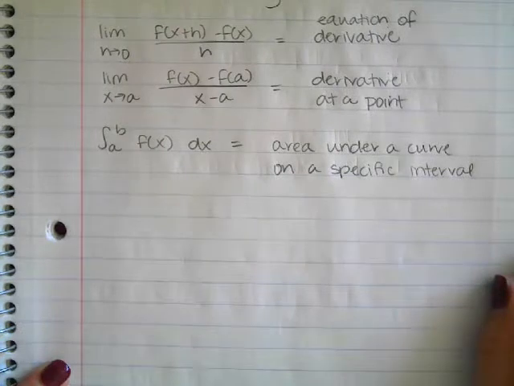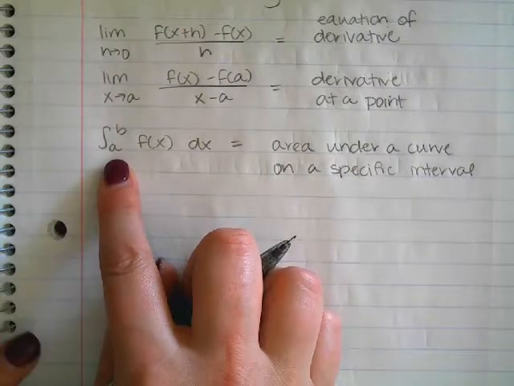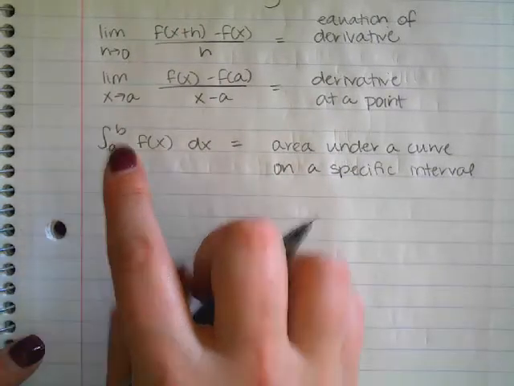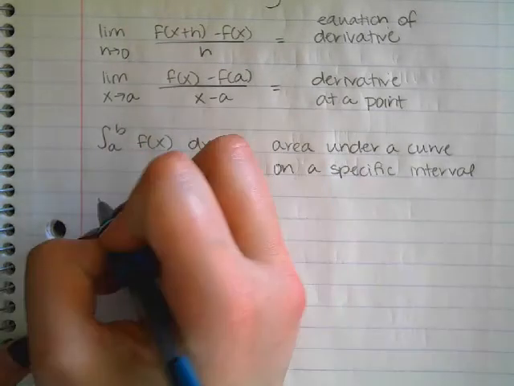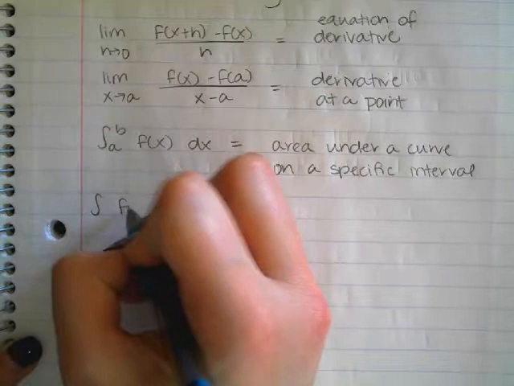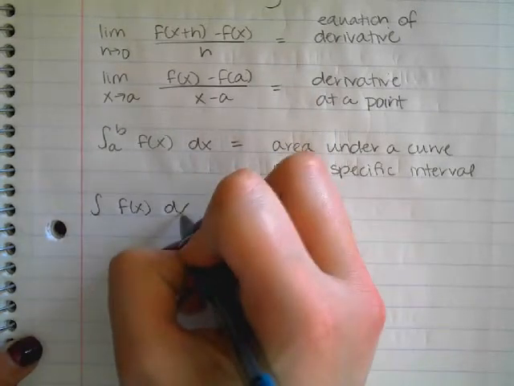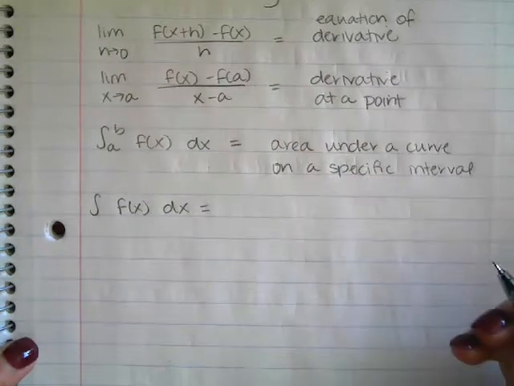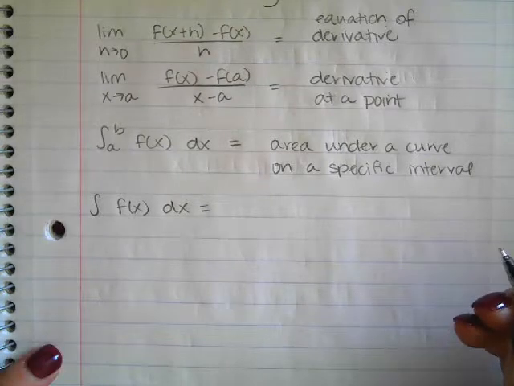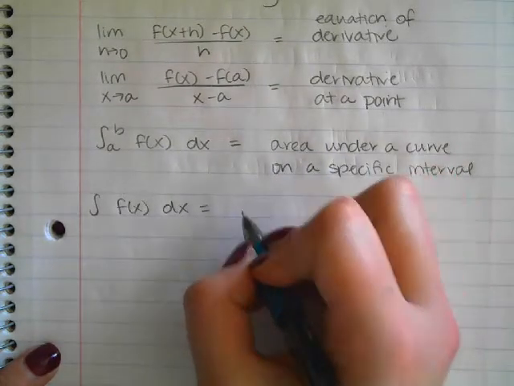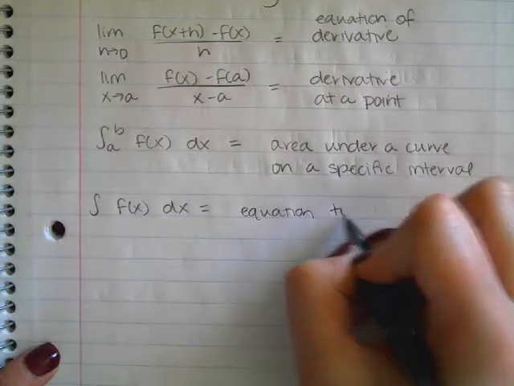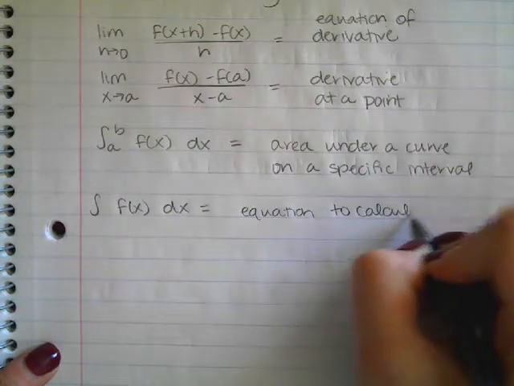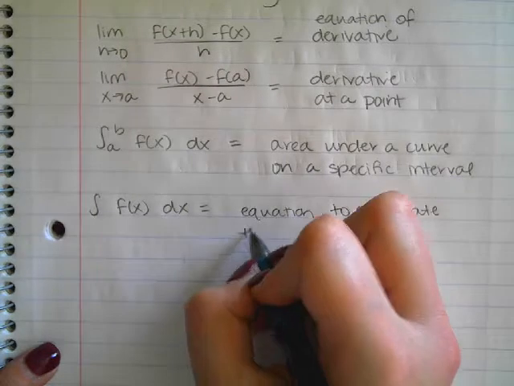All right, so this is called a definite integral. It's definite because it's defined as an interval from a to b. Today we're learning about indefinite integrals, which would just say the integral of f of x dx. What this is going to give you is the equation to calculate the area under the curve.